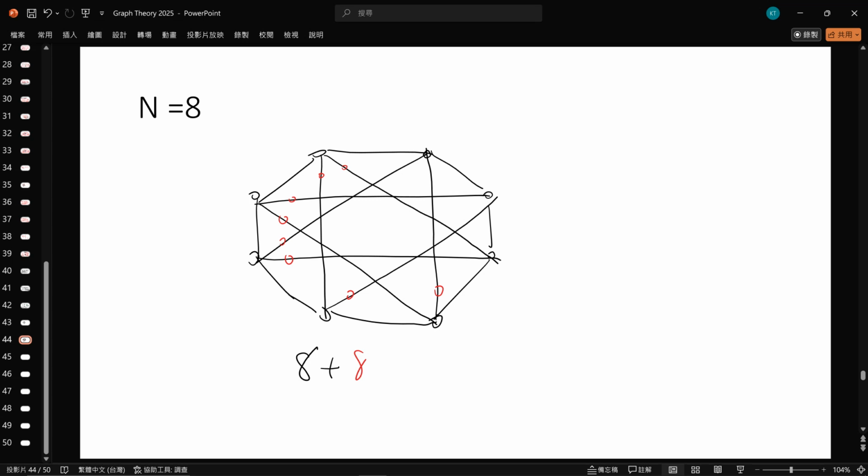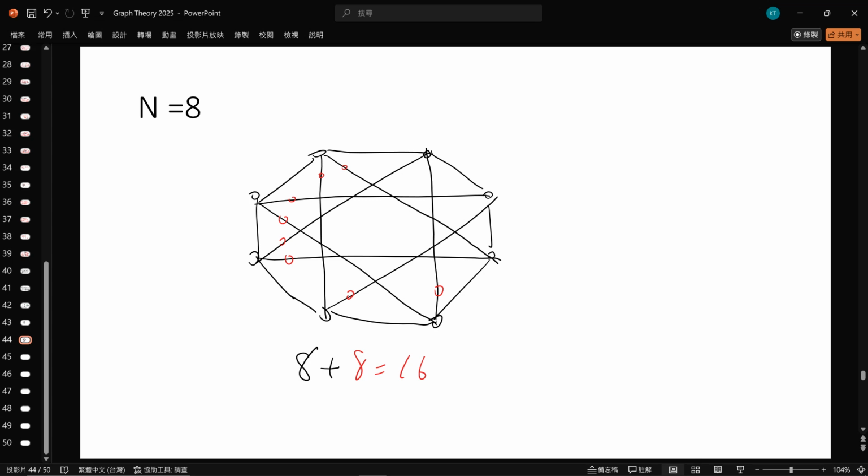We have 16 edges. Okay, so for this graph, can you add more edges to the graph without creating a triangle?